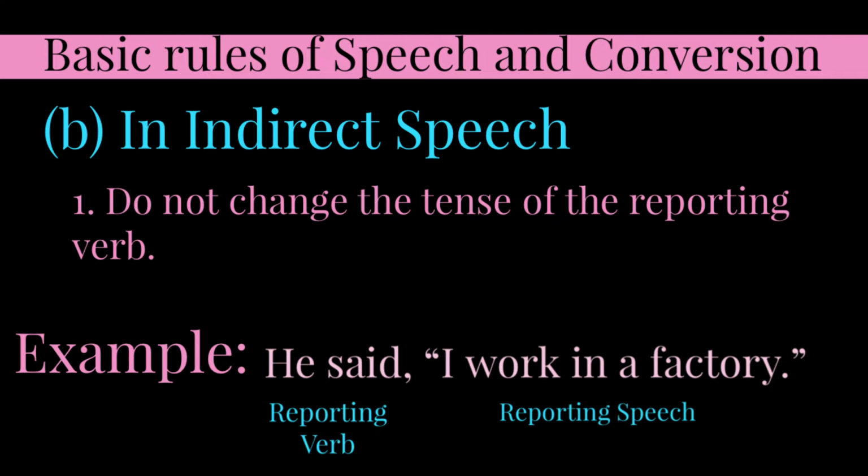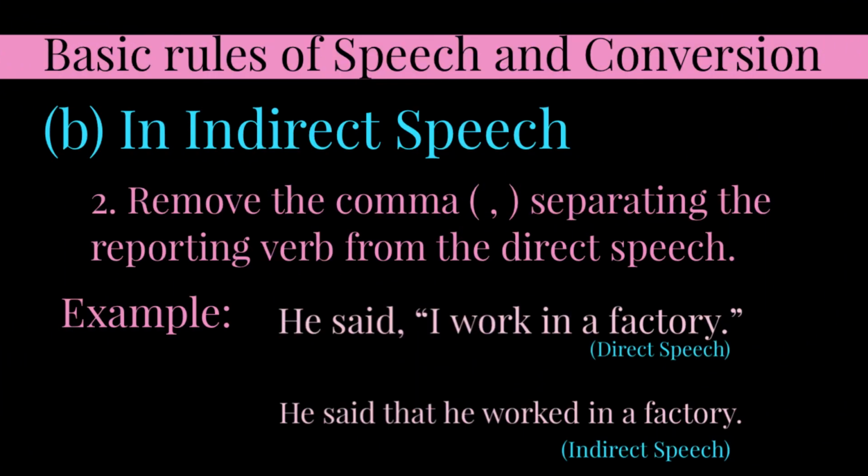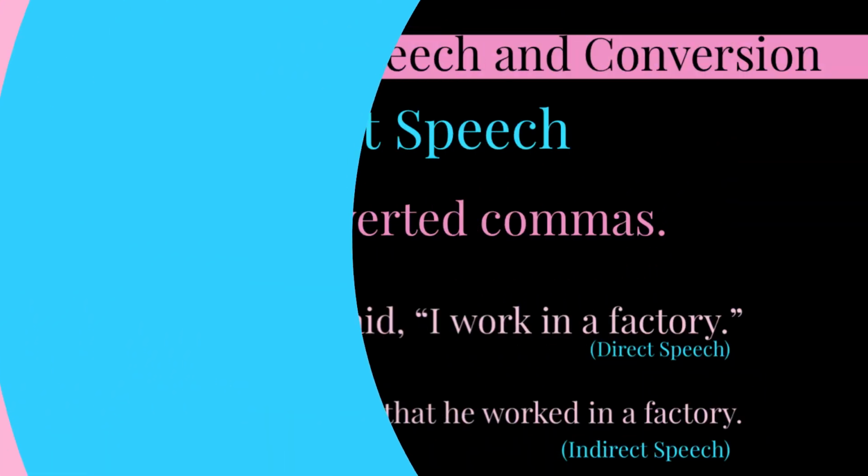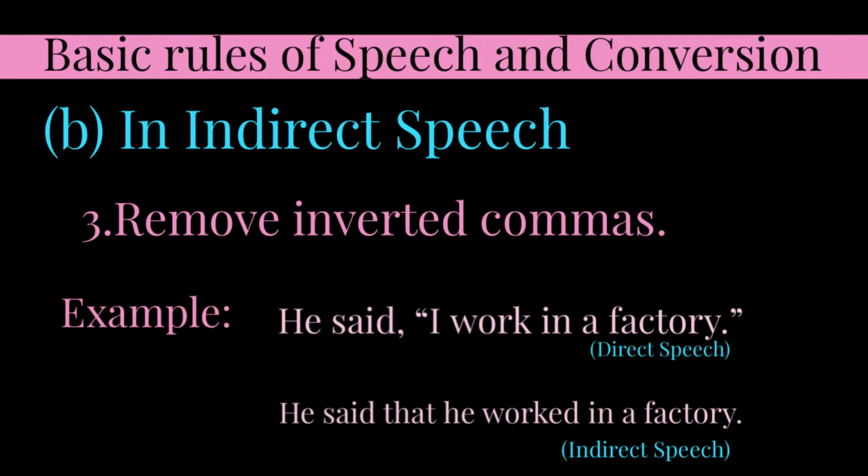For example, here "he said" is the reporting verb. We have to remove the comma separating the reporting verb from the direct speech. Look here, when we change it into indirect speech, we have removed the comma and we have put that over here. We have to also remove the inverted commas. In the example, you can see in indirect speech, we have removed the comma as well as inverted commas.